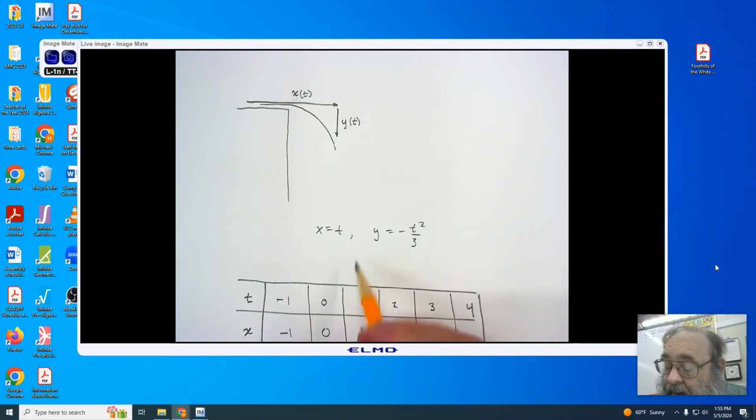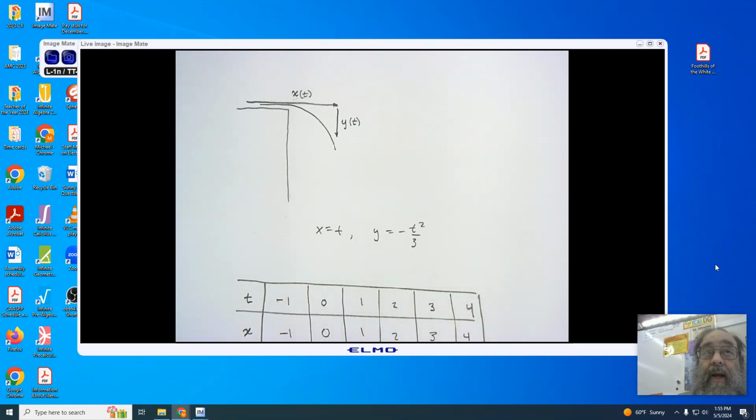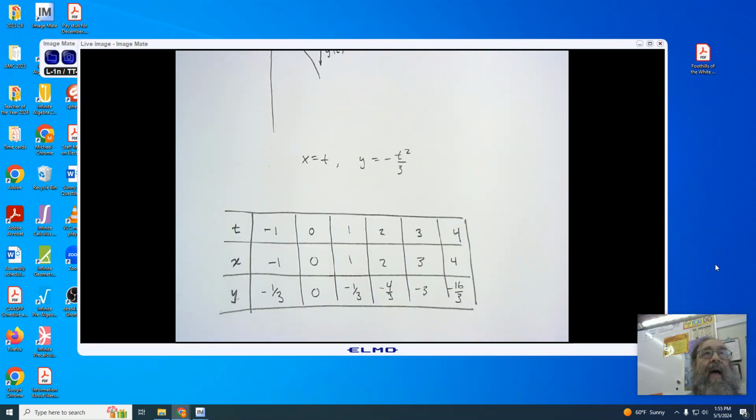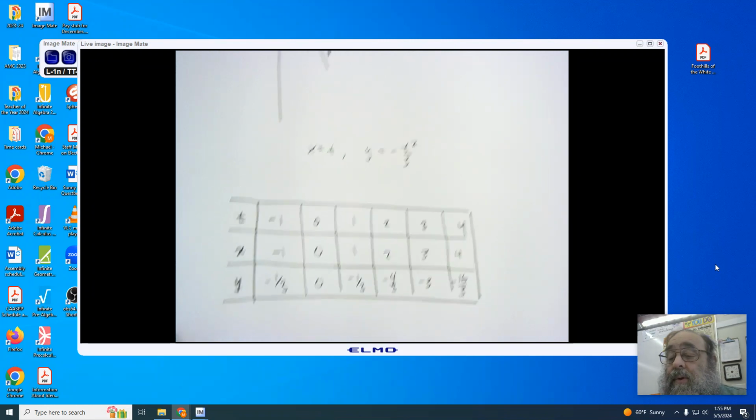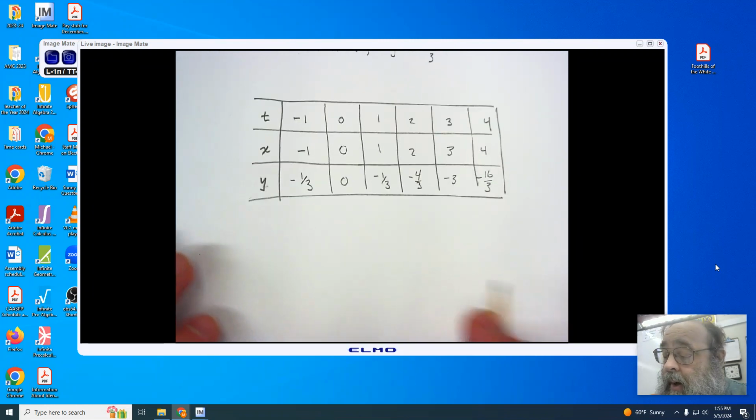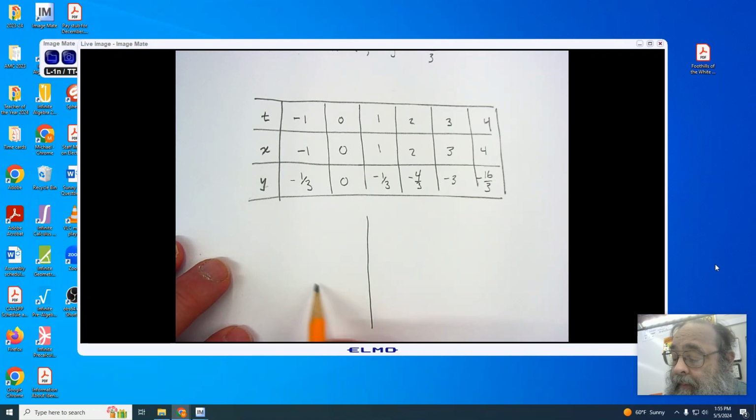Then my x and my y, then x, then y, then x, then y. And you'll notice I now get a table of values, and it's from this table of values that I'm going to graph. So we're going to use that table of values now to graph on a plane.